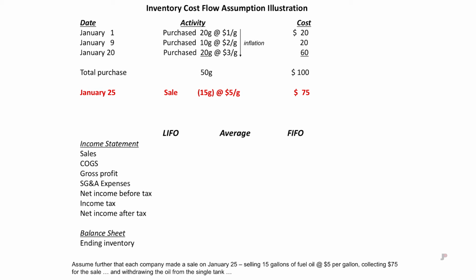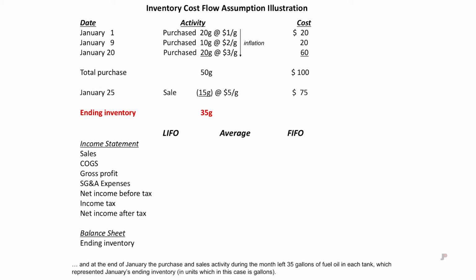Assume further that each company made a sale on January 25, selling 15 gallons of fuel oil at $5 per gallon, collecting $75 for the sale, and withdrawing the oil from the single tank.